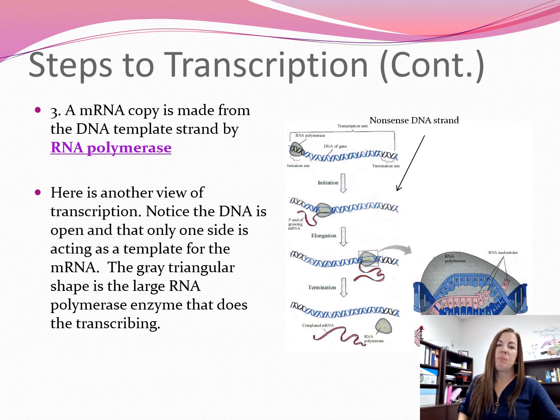Essentially, an mRNA copy is made from the DNA template strand using the enzyme RNA polymerase. This image is a nice view of how the DNA is attached to the RNA polymerase enzyme, and that enzyme helps read this code.